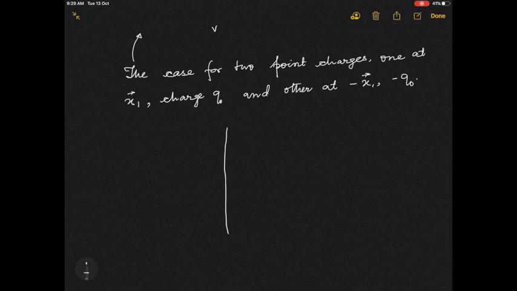So this essentially is the case in the following case: this is my xy plane, sorry, this is the xy plane, and this is the z axis.